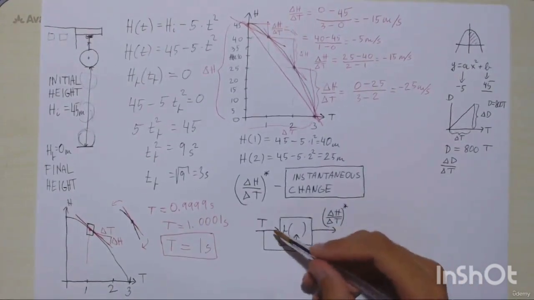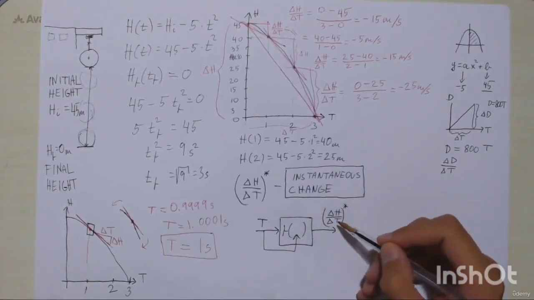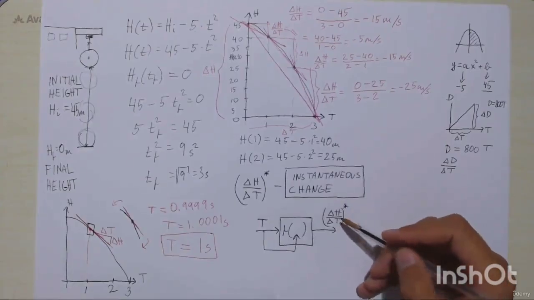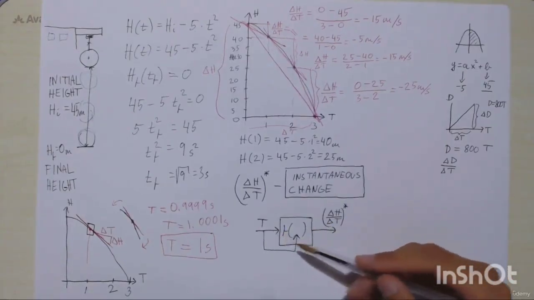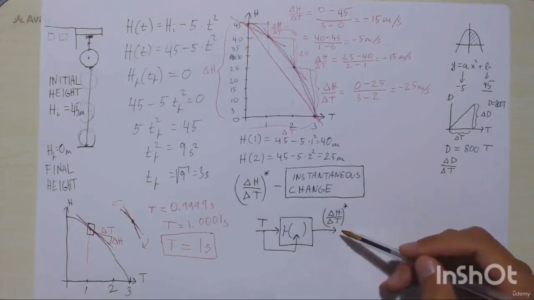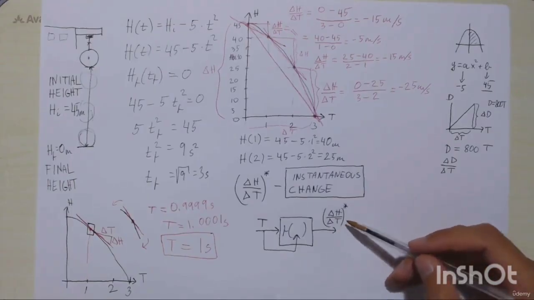If time equals 1 second, I want to know what that instantaneous change is. And if time equals 2 seconds or 2.5 seconds, I want to know the instantaneous change at that time.